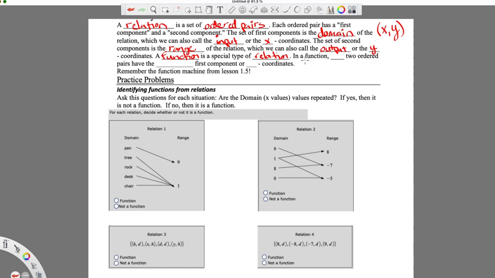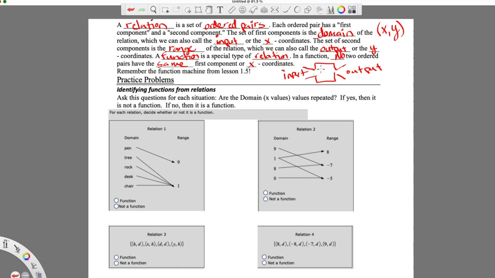In a function, no two ordered pairs have the same first component or x coordinates. So we can remember the function machine from lesson 1.5. We had a little kind of funky function machine, with inputs and outputs, and it had a little section in the middle. So we input something and we get something output.